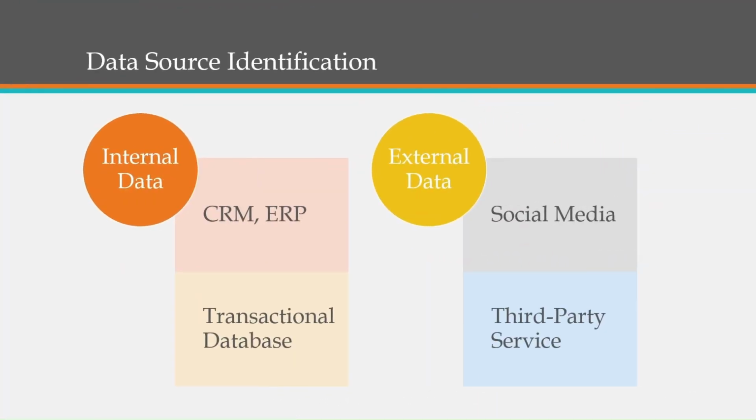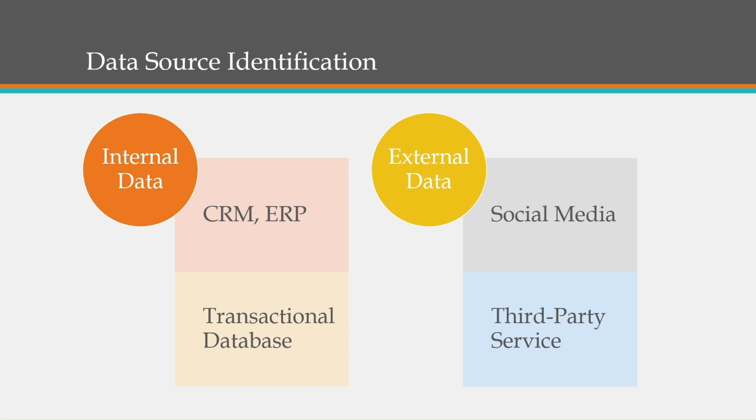Next is data source identification. In any data warehouse project, identifying the right sources of data is critical. A data warehouse brings together information from various systems to provide a unified, comprehensive view for analysis and decision-making. We need to carefully identify both internal and external data sources.